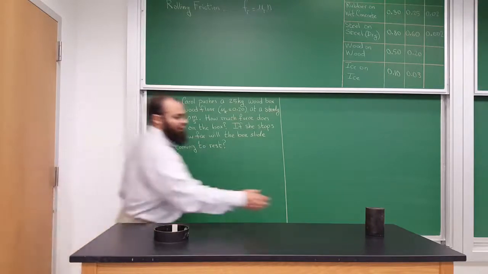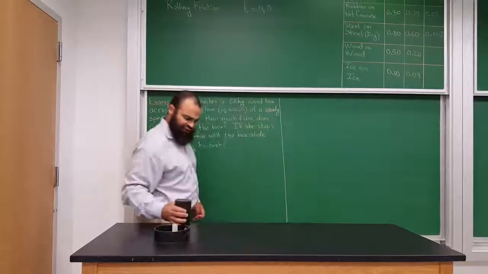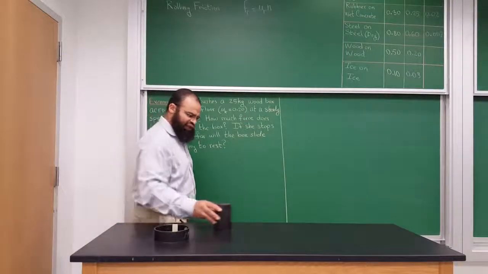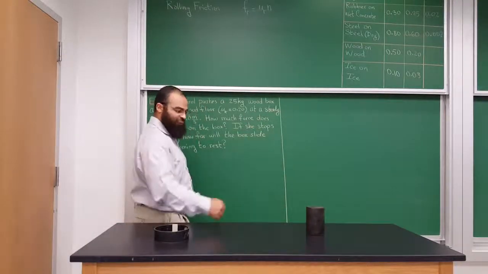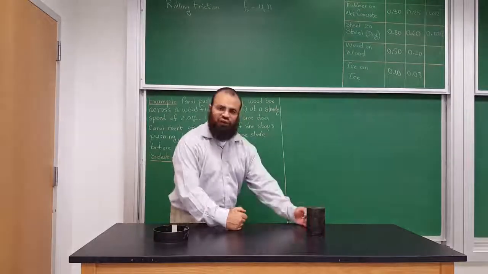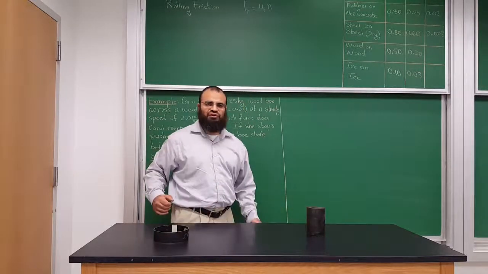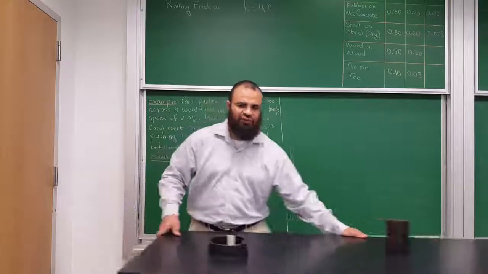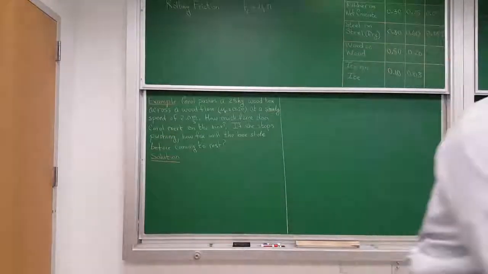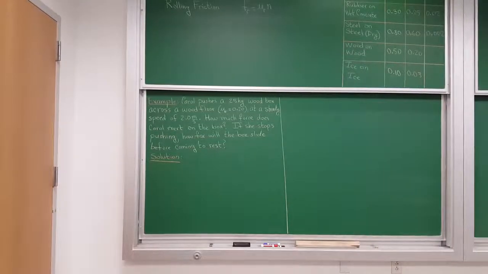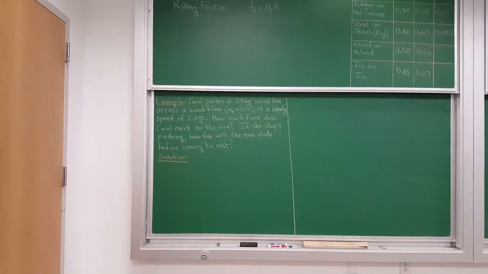And then, let's say she's pushing it at 2 meters per second, and then she lets go. It will stop. After she lets go, how far will the box go before it stops? All right, so let's do that. In fact, let's do this problem in the next video. I'm running out of time on this one.